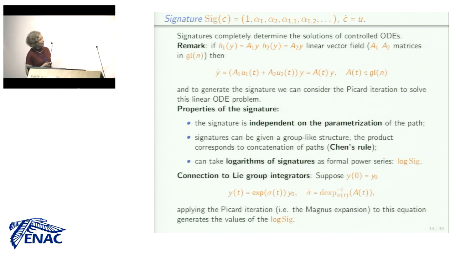And I apply Picard iteration now to this new differential equation. It turns out that this is enough in order to generate all the values of the logarithm of the signature. So this is a very nice, non-redundant representation of the signature, and can be obtained by looking at the Magnus expansion for this equation.